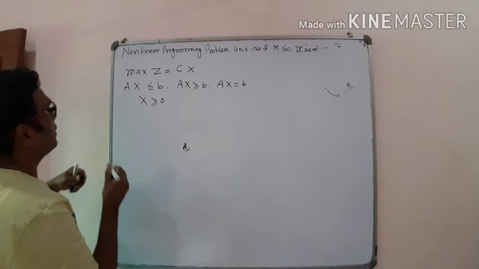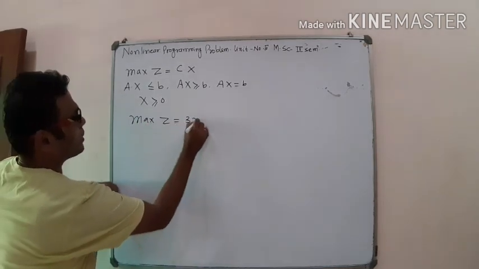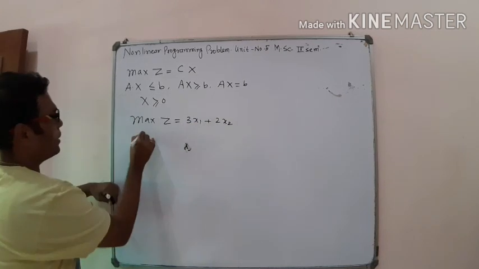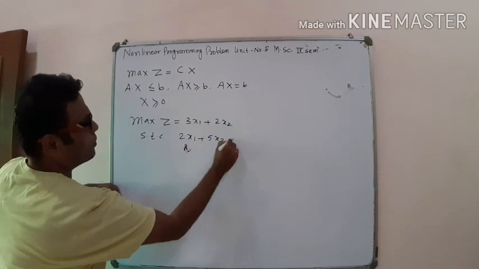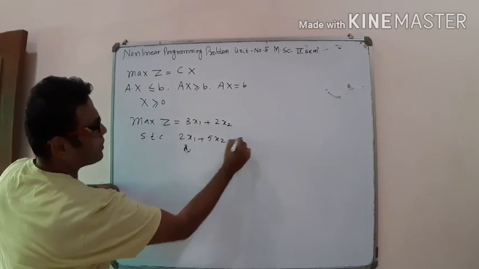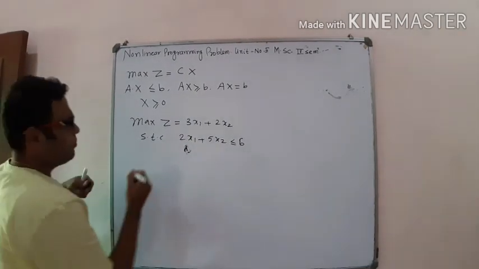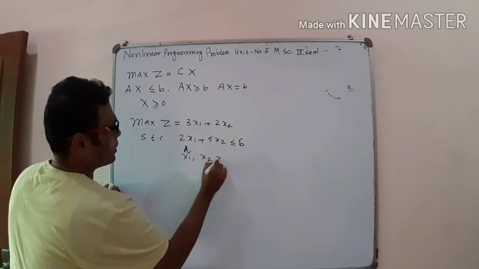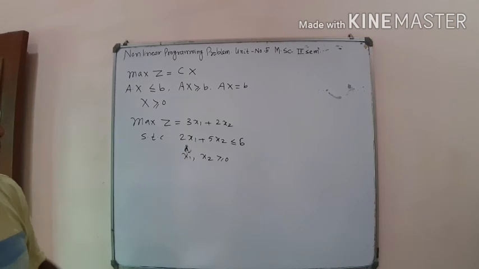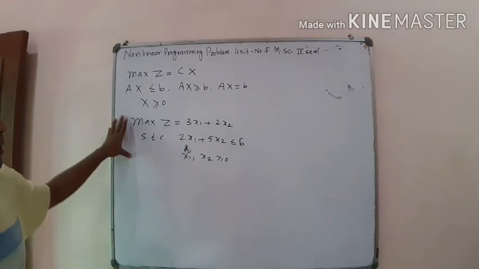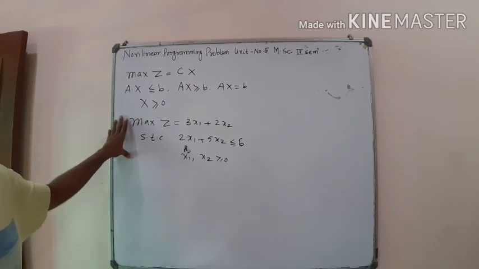That is, we write our problem in this form: maximize z equal to 3x1 plus 2x2, subject to the constraint 2x1 plus 5x2 less than or equal to 6. Then we say that this is a linear programming problem, where x1 and x2 are both greater than or equal to 0. We skip this part because we have already discussed the linear programming problem and the methods to solve it in the third semester.